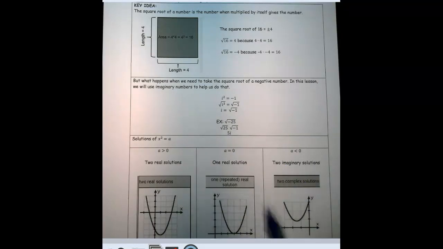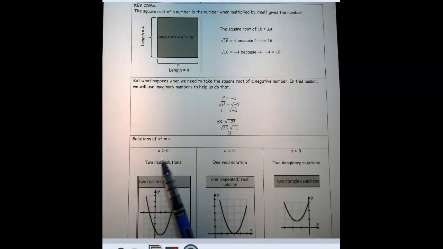The other thing that you need to know for this lesson is how many solutions you might have. Now, if you remember in Algebra 1, when we talked about quadratics, the solutions were the x-intercepts, the roots, the zeros, the solutions. All 4 of those words were used interchangeably. So we are looking for our roots.